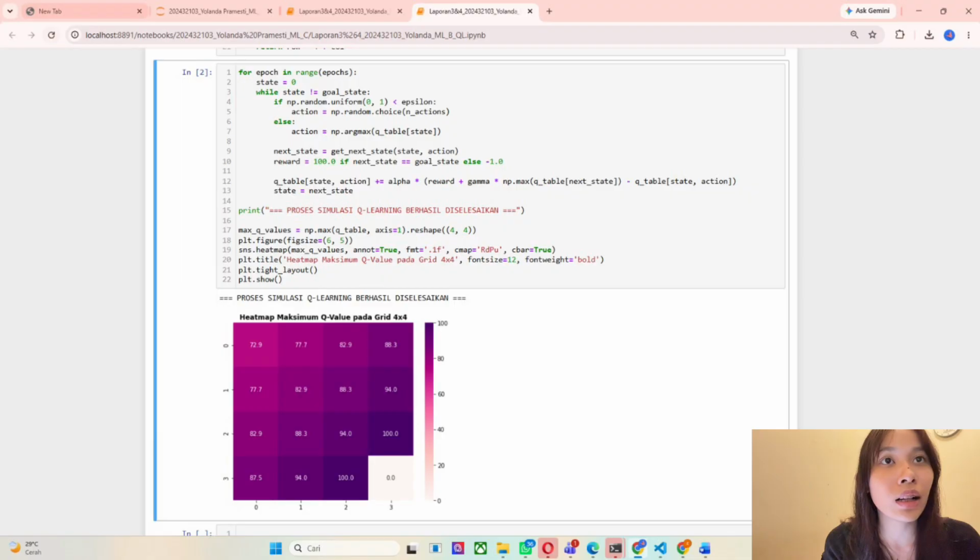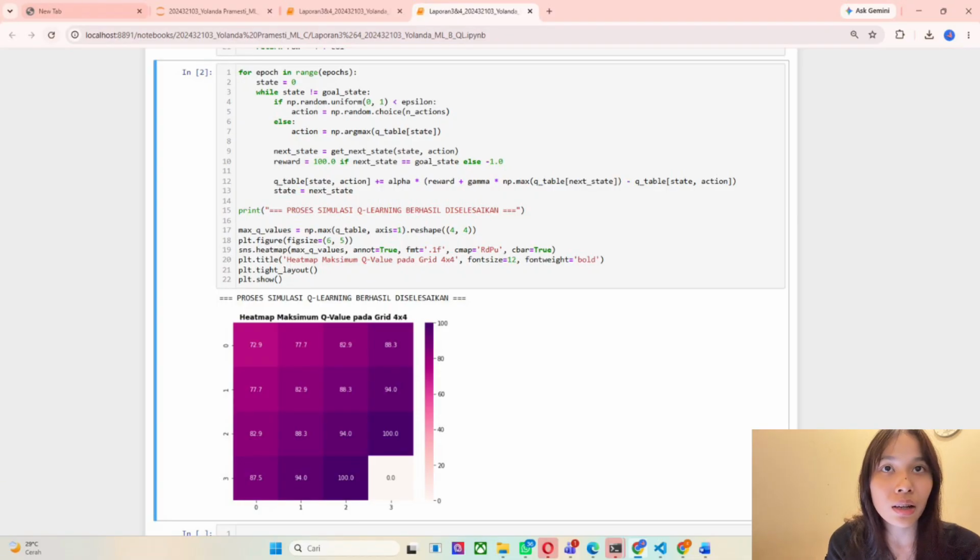In this final screenshot, we see the implementation of the training loop and the resulting Q-value heat map for 1000 episodes. The agent interacts with the grid using the epsilon-greedy strategy, balancing a 20% exploration chance with an 80% exploitation choice.